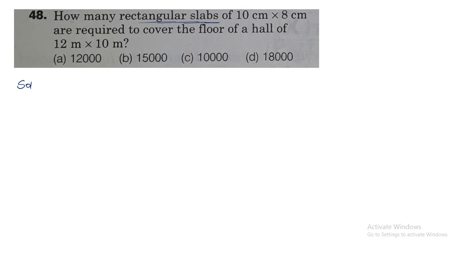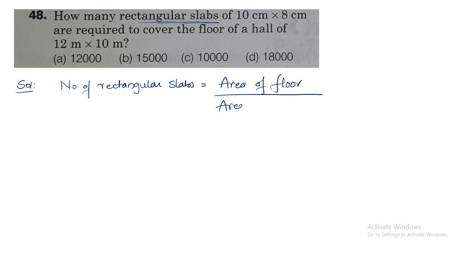To find out how many are required, just remember this formula: number of rectangular slabs is equal to area of floor by area of each slab or each tile.